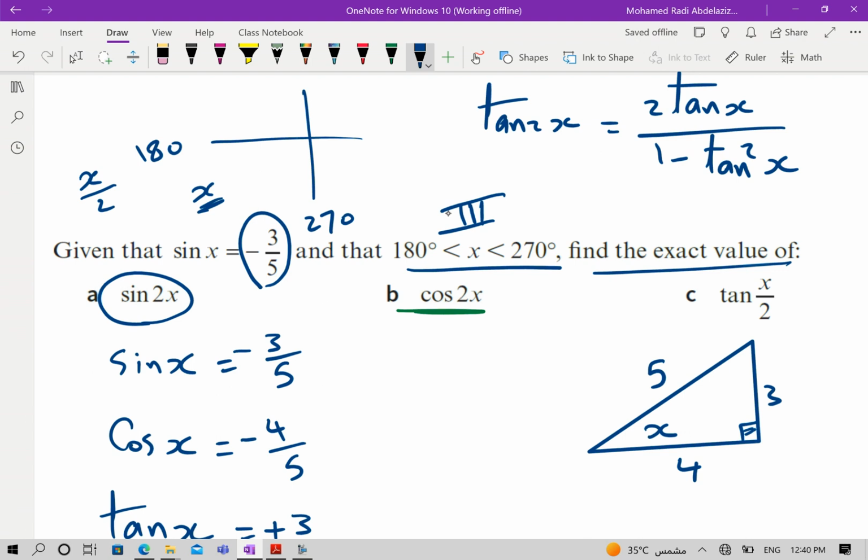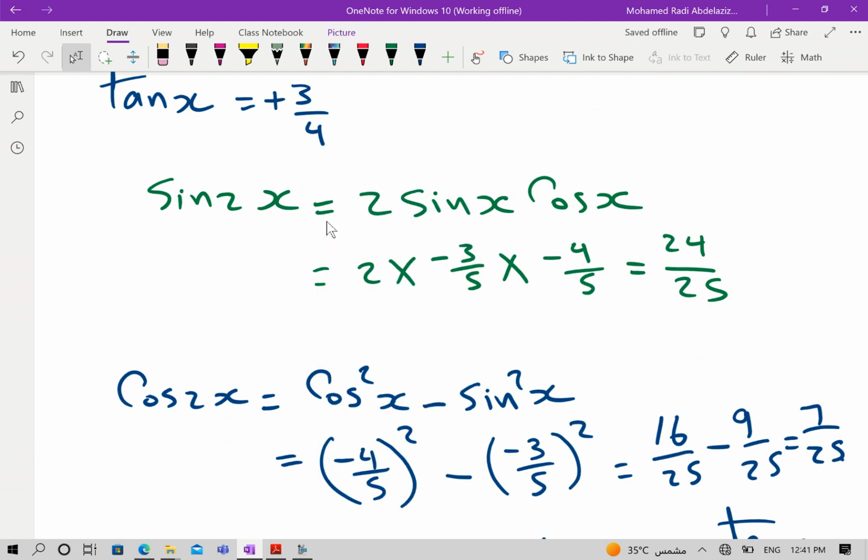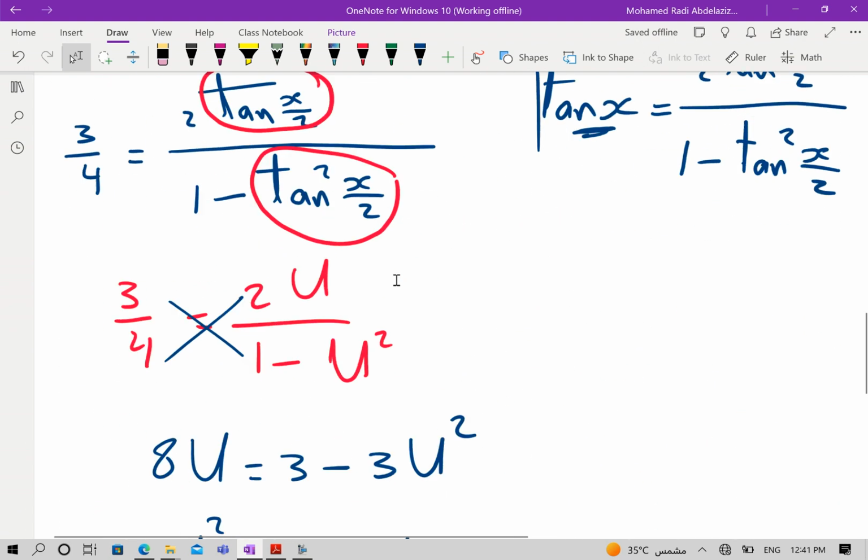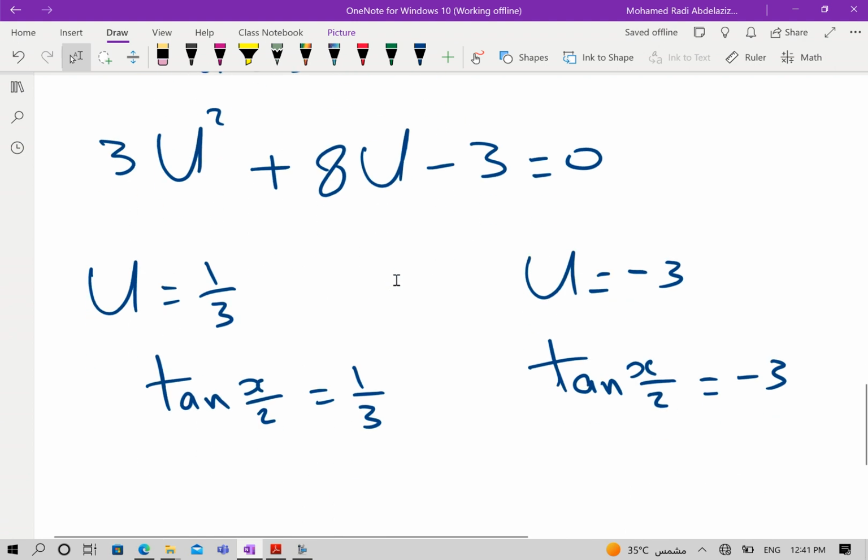If you divide the angle by 2, 180 divided by 2 is 90, and 270 divided by 2 is 135, so x over 2 will be in the second quadrant. Clear? Angle x is in the third quadrant, so x over 2 is in the second. Tan in the second quadrant is positive or negative? So which value of these will we take?